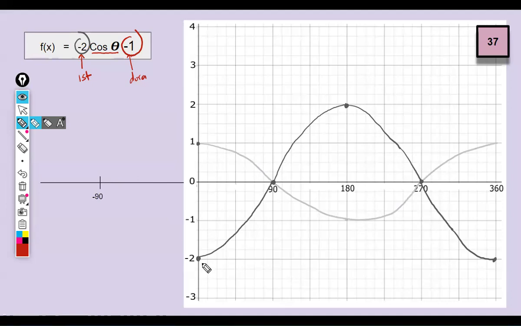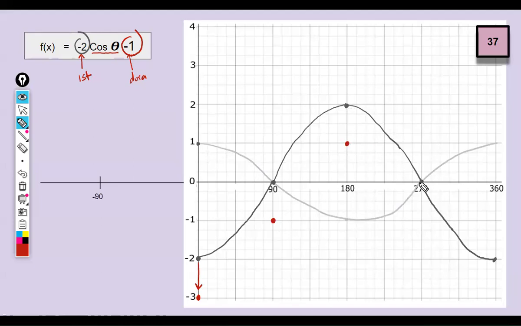Or we can do the calculation one by one. Here the y coordinate is -2, and -2 minus 1 gives -3, so it moves down to -3. Over here, the y coordinate is 0, and it goes down to -1 because you're subtracting 1. Here, the y coordinate is 2, and 2 minus 1 is +1.